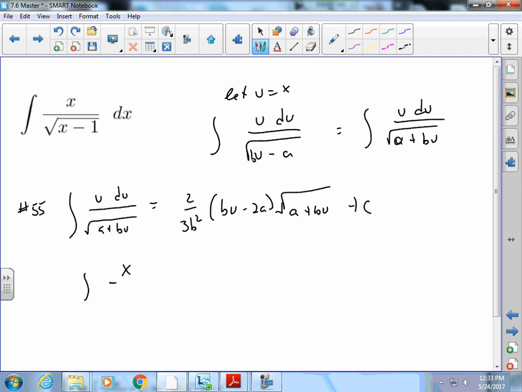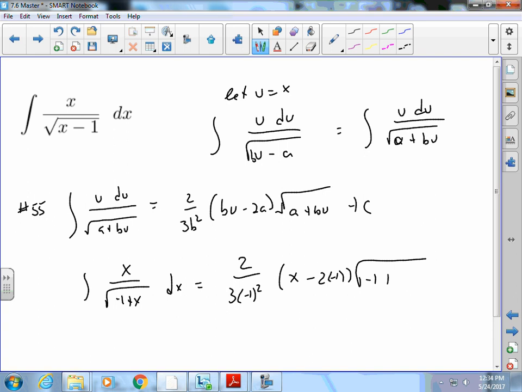So I have x over the square root of negative 1 plus x dx. So I get 2 over 3 times negative 1 squared times x minus 2 times a negative 1, square root of negative 1 plus 1 times x plus c.